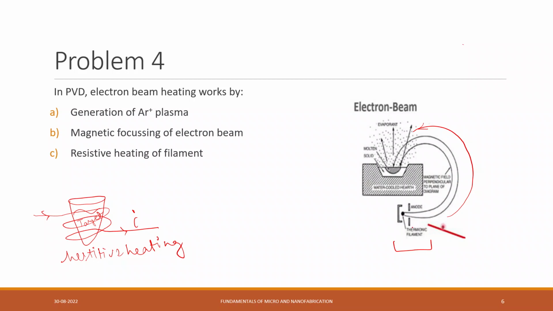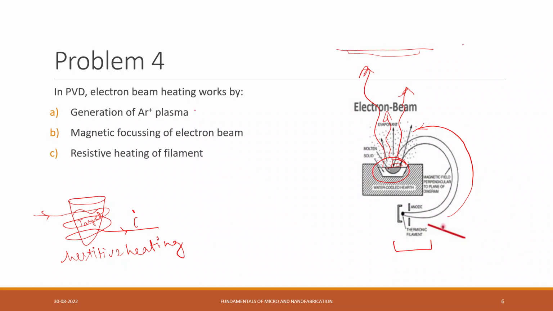Here the electron gun releases the electrons, and this magnetic field is perpendicular and focuses them on the material where the target is present. The electrons will hit it, causing heating of this material, and it will release from the surface and then coat on this surface. Generation of argon plasma is not there.